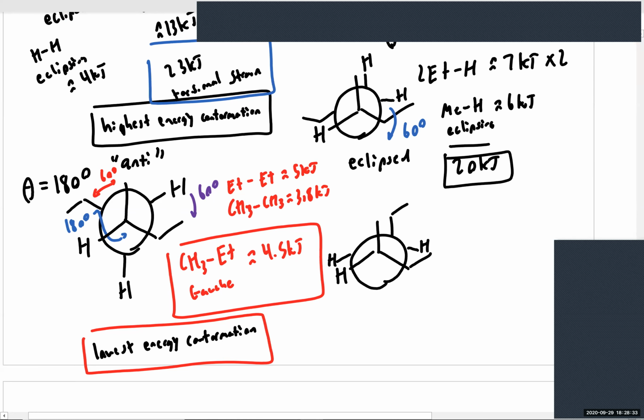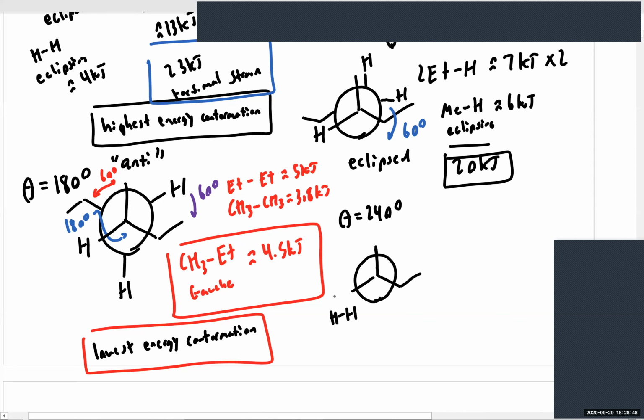So in this case, I have a hydrogen-hydrogen interaction. Let me redraw this so it's a little nicer. So I have a hydrogen-hydrogen eclipsing interaction, which costs me 4.